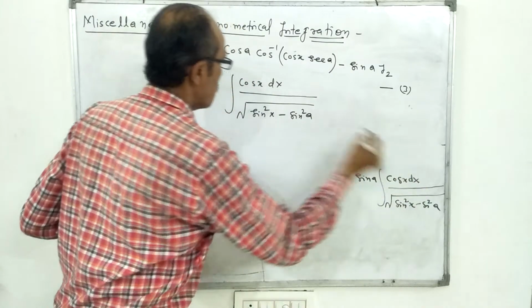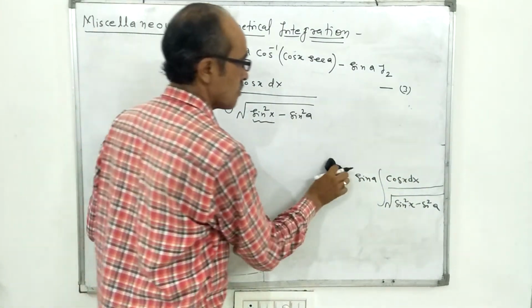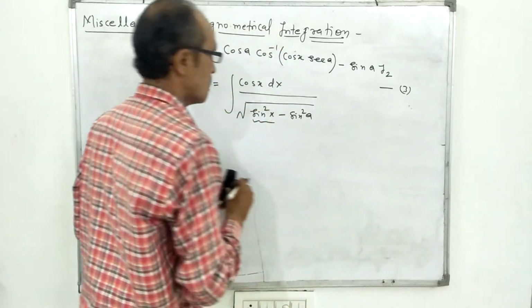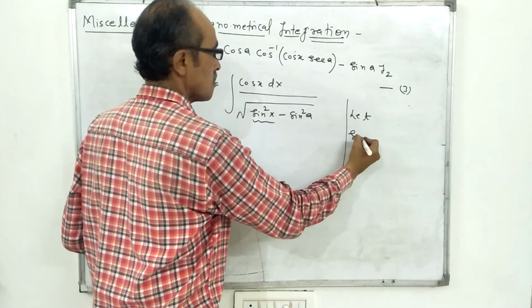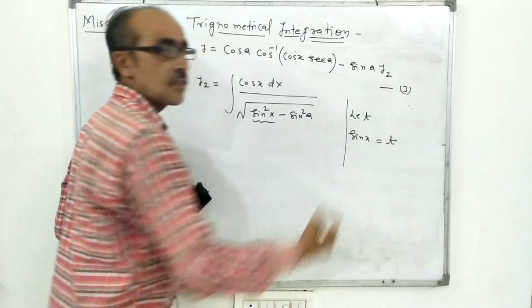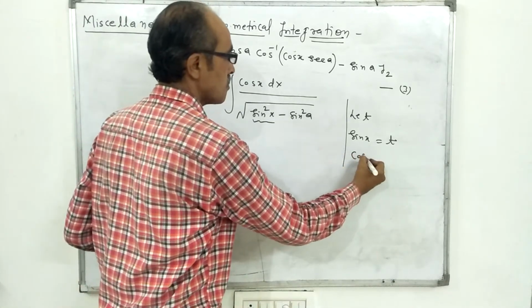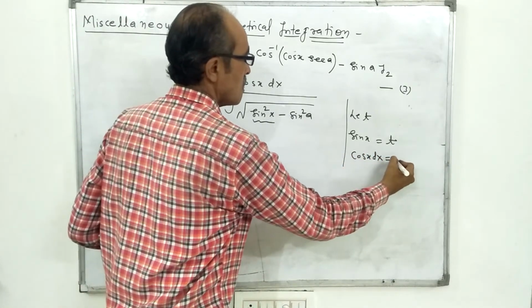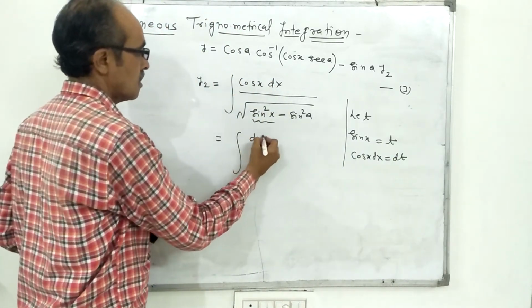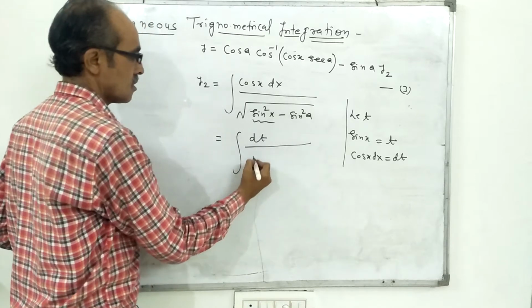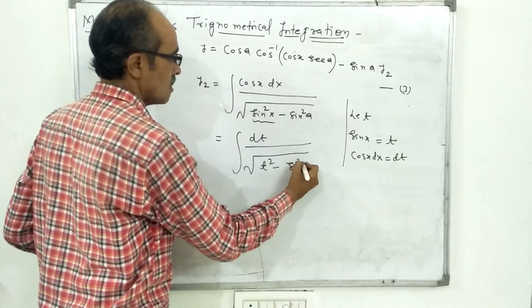Let sin x be t, then cos x dx is equal to dt, and we have dt divided by the root of t square minus sin square a.